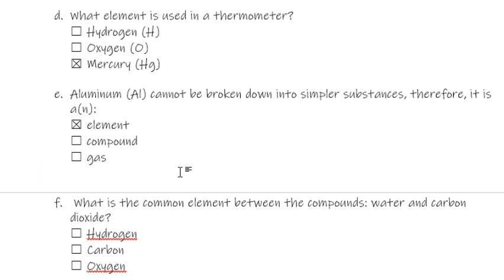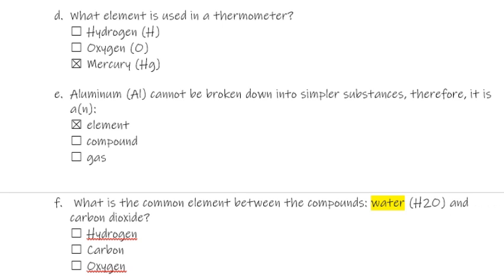Part F. What is the common element between the compounds water and carbon dioxide? Is it hydrogen, carbon, or oxygen? Let's first talk about the elements that compose the water. Water is composed of two elements. How do we write water? H2O, with a small 2.